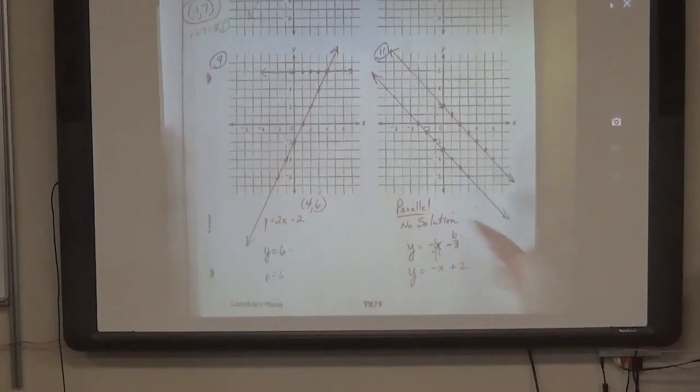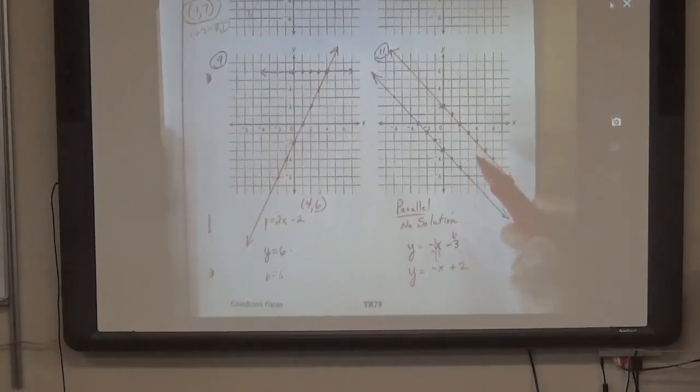So you go down 1 and then right 1. Any questions on how to graph that slope? So you graph -1 over 1, you draw that line.